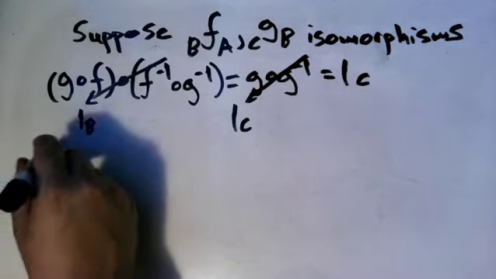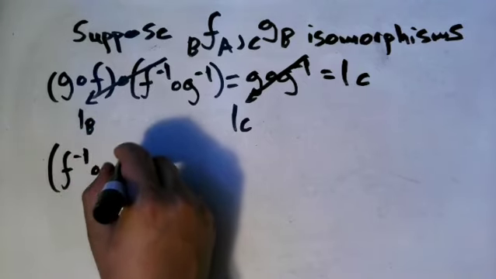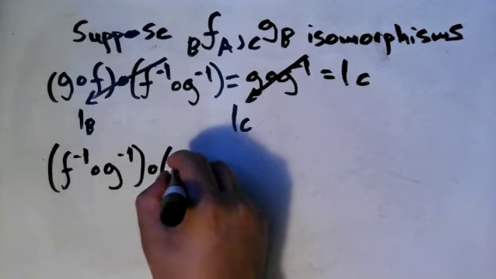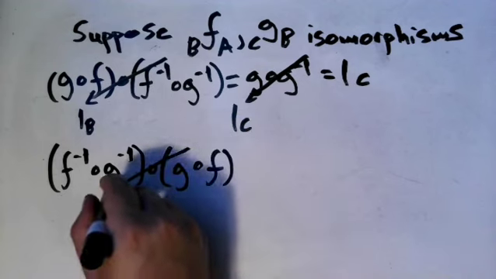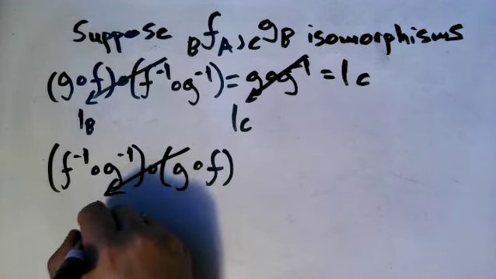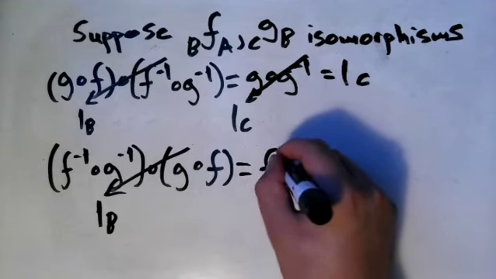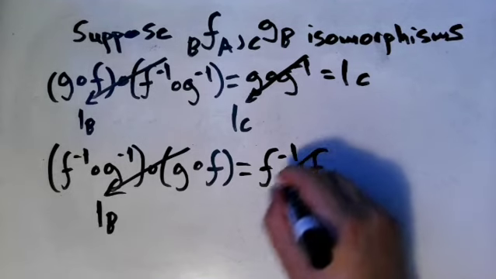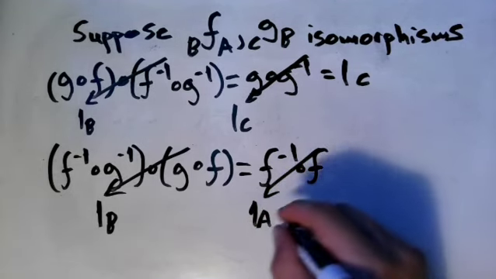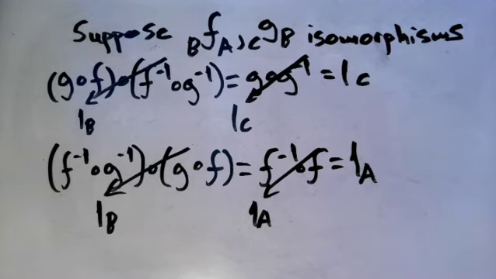And now let's try the same on the other side. f inverse after g inverse after g after f. Well, of course, we can ignore the parentheses again. Here we get 1_B, which gives us f inverse after f, which collapses to 1_A. But then we've satisfied the definition of an inverse.